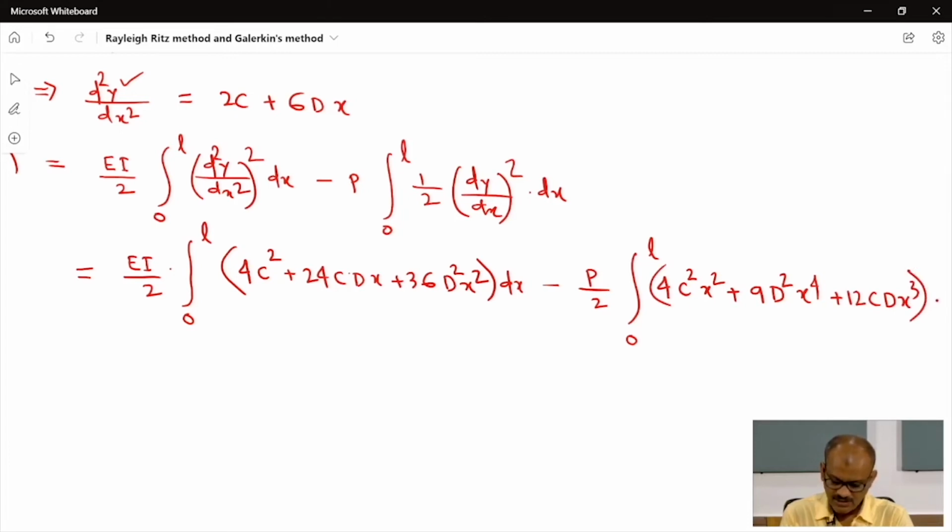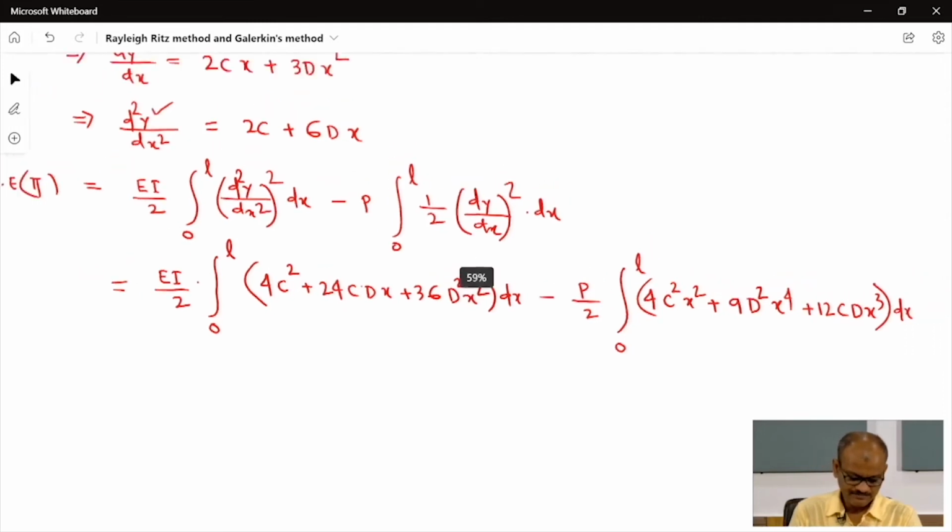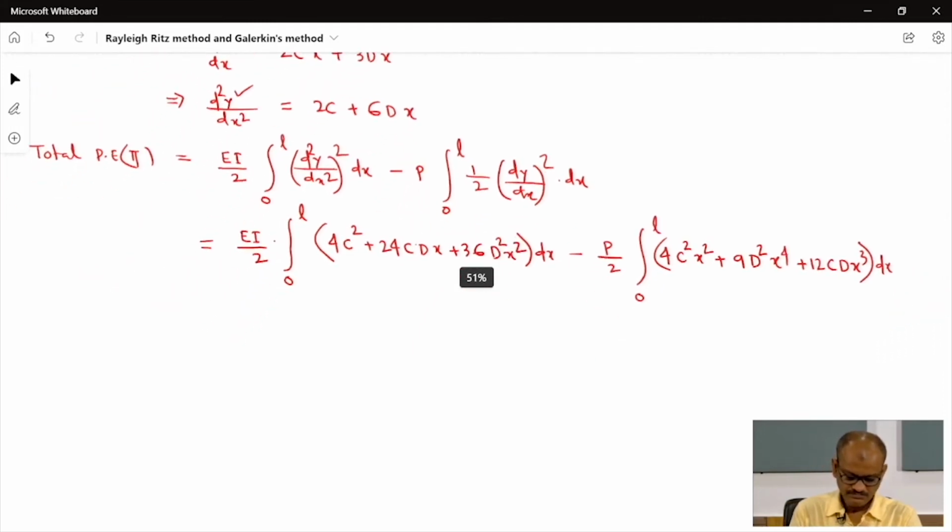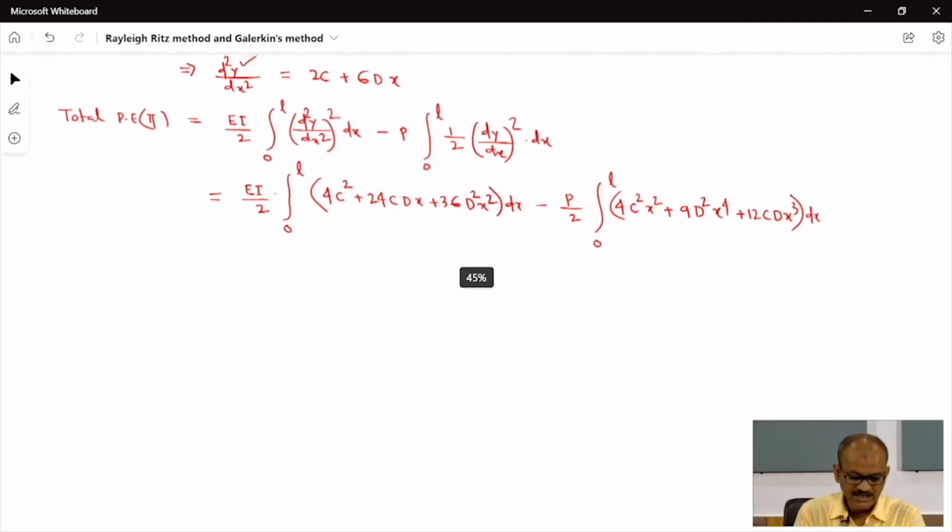This multiplied by dx. So, this is the total potential energy expression.